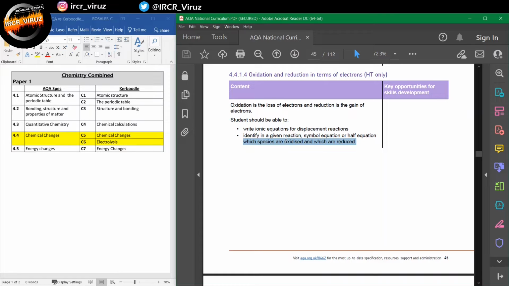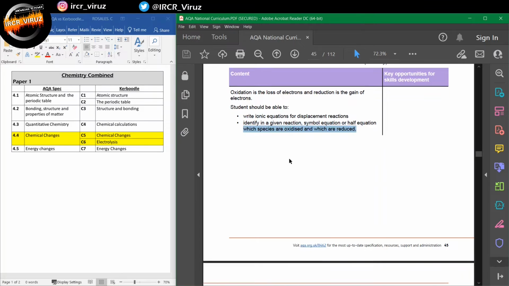Okay, and whoever that electron is going to is the one that is being reduced, RIG, which is the gain of electrons. Okay, so you gotta familiarize yourself and not get confused between reduction and oxidation as addition and taking away of oxygen, or the other one, which is reduction and oxidation in terms of electrons. Okay, those are two different things.